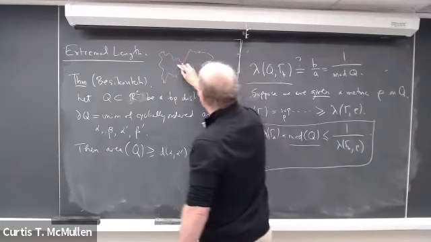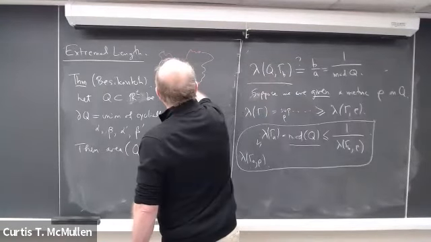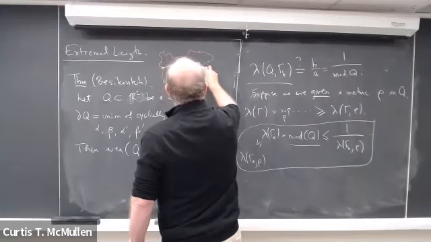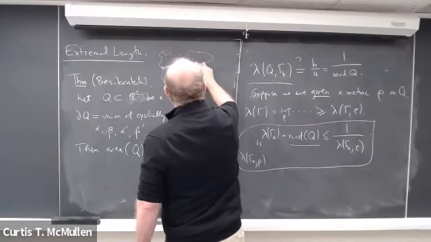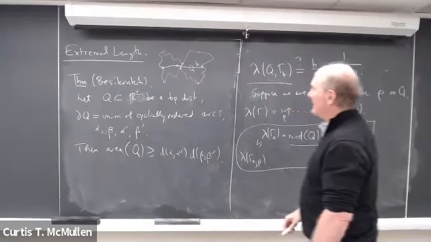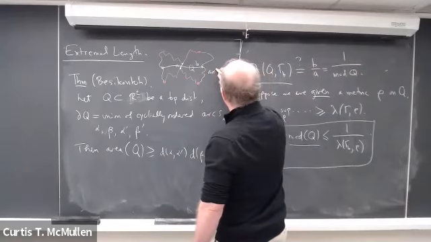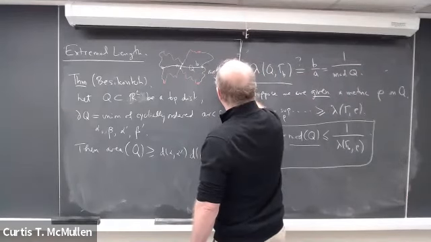And I call that number A, the minimum distance between the red sides. And then I look at the minimum distance, not necessarily through Q. This line could have gone outside of Q. I look at the minimum distance between the yellow sides. And then the claim is that the area of Q is always bigger than or equal to A times B.